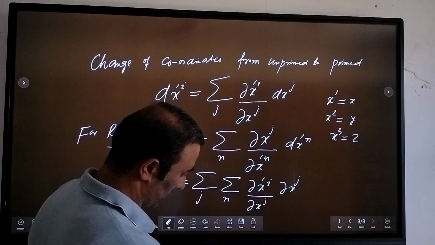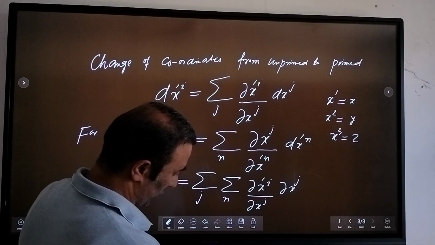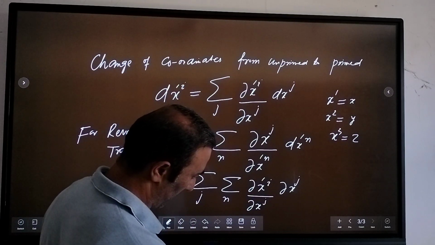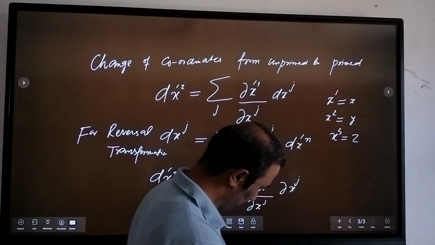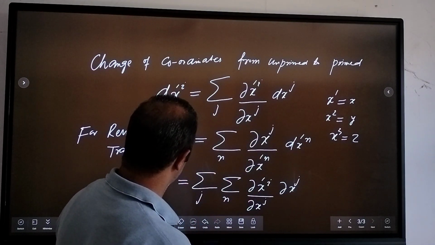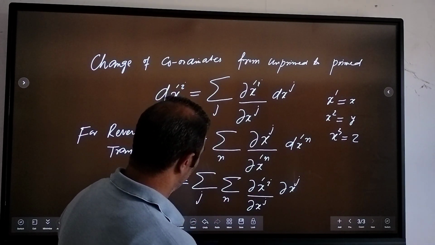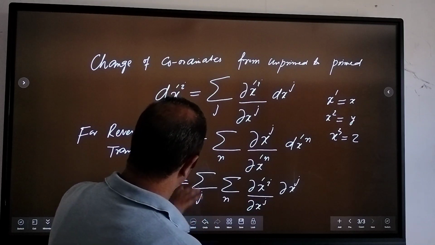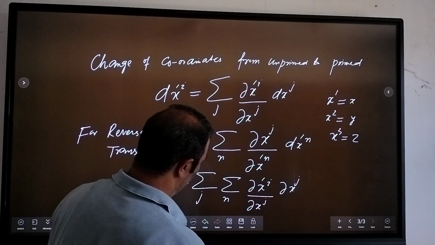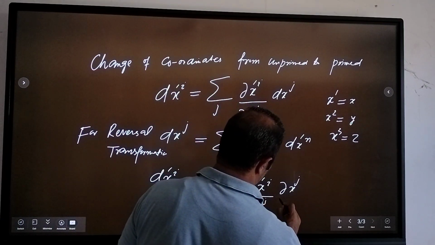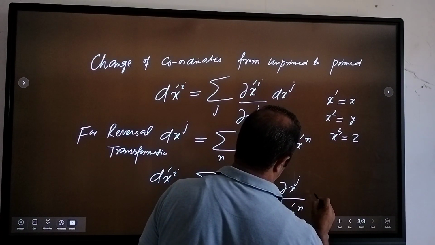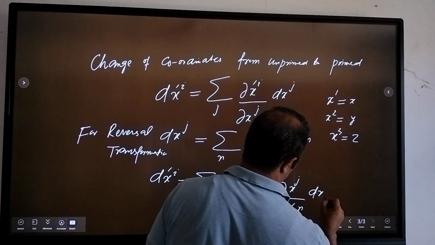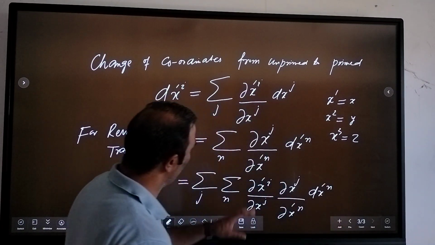So before that, okay, that's clear. You can write dx prime i this way, right? So this is equal to partial x prime i by partial x_j, times dx_j. So what did I do here?